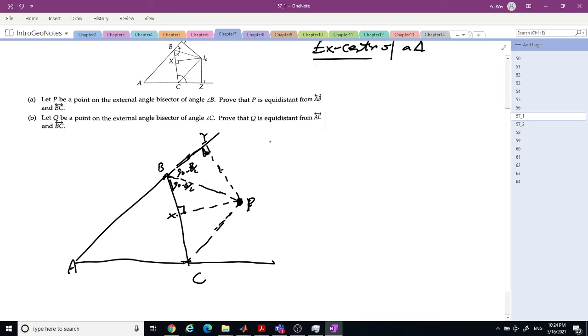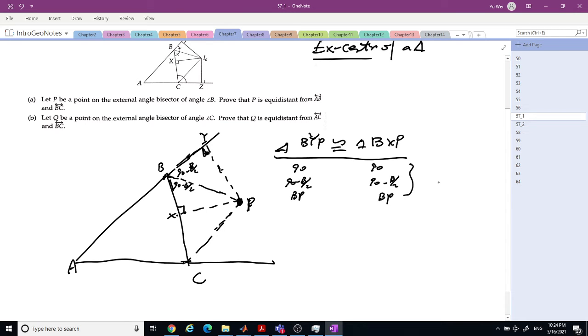So we know the triangle BYP is congruent to triangle BXP, for the side angle, right? So we have 90 equals 90. We have the 90 minus B over 2 compared with 90 minus B over 2. Then we have BP equals BP. So this is the AAS. Okay, you can see these are two congruent. Then we prove this side equal to this side. So then you can see the PY equals PX.